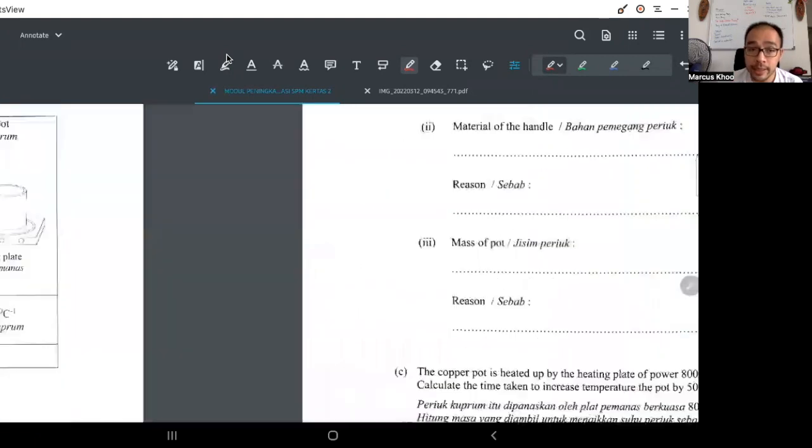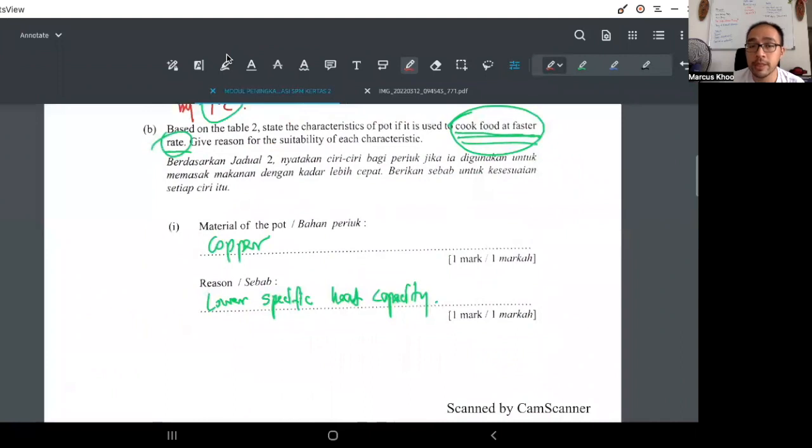Okay. Actually, just now for copper, lower specific capacity or good heat conductor, I will also accept because heat conduction, heat conductor is related to physics lah. So it's definitely a better answer than cook food faster or heat up faster, which is the kind of answer we want to avoid lah.